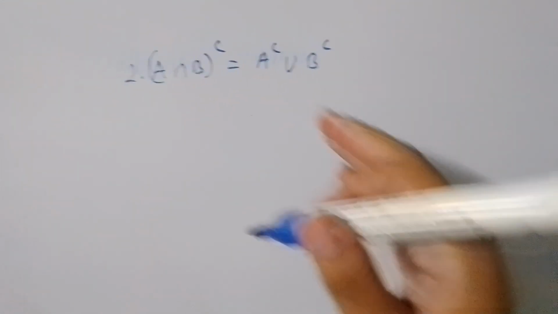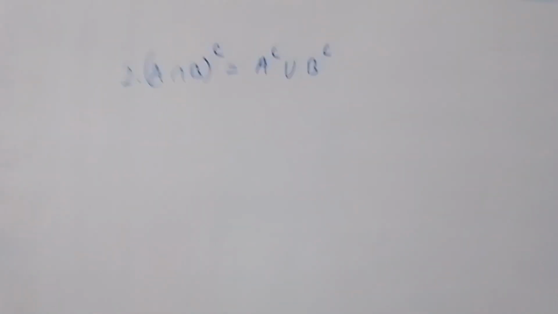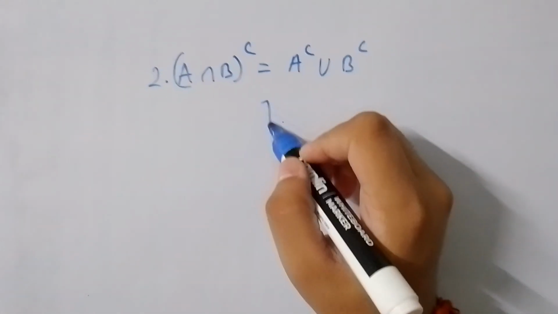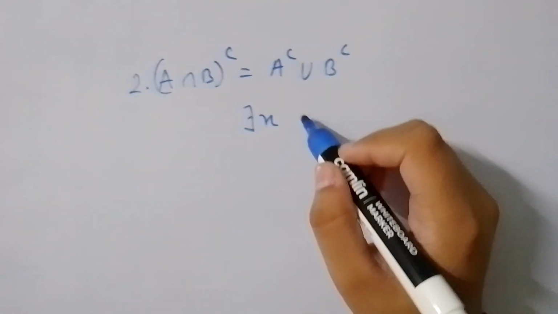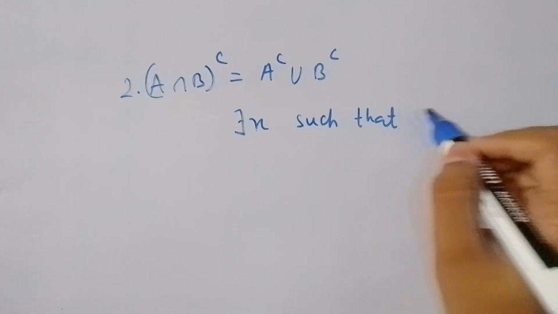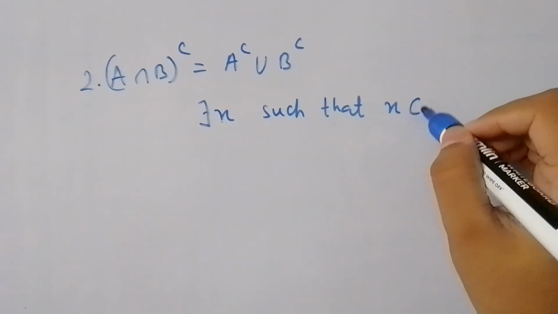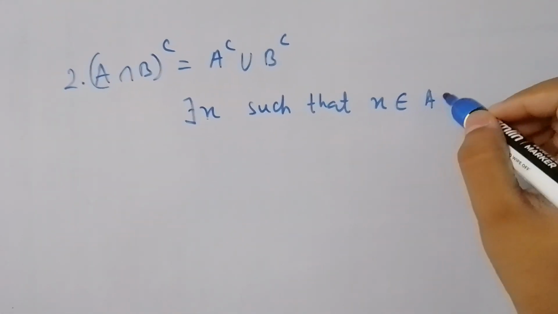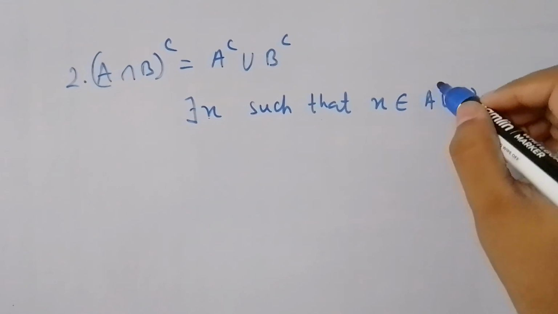so for the algebra proof, let's say there exists X such that X belongs to (A union B) whole complement.